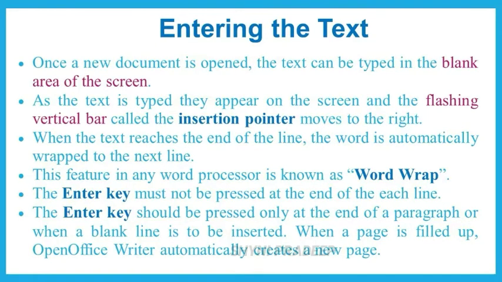This feature in any word processor is known as word wrap. You need not press the enter key at the end of each line. The enter key should be pressed only at the end of the paragraph or when a blank line is to be inserted. When a page is filled up, OpenOffice Writer automatically creates a new page.